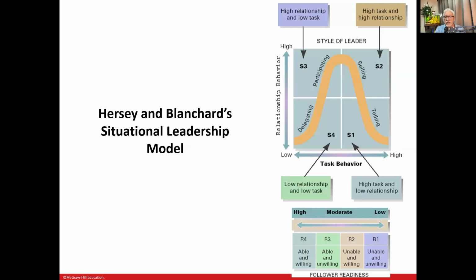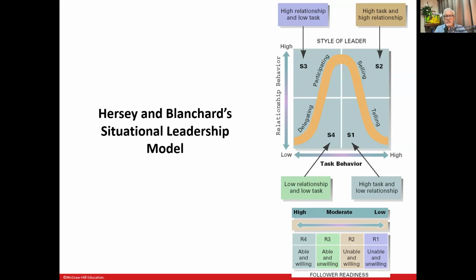We're saying that you can have a low task orientation and a high task orientation. In other words, Blake and Mouton would say this is 1 and this is 9. Or you can have a Blake and Mouton 1 over here and a Blake and Mouton 9 over there. The point is that there's an increase in those two dimensions.